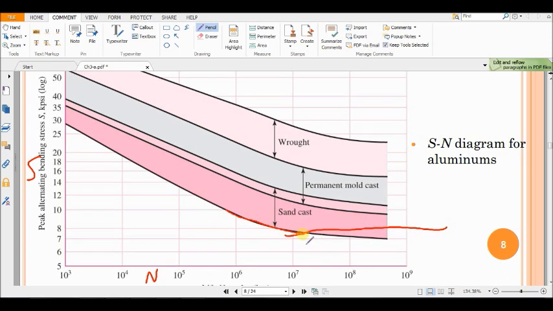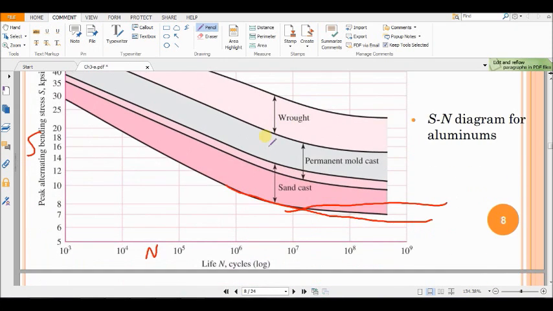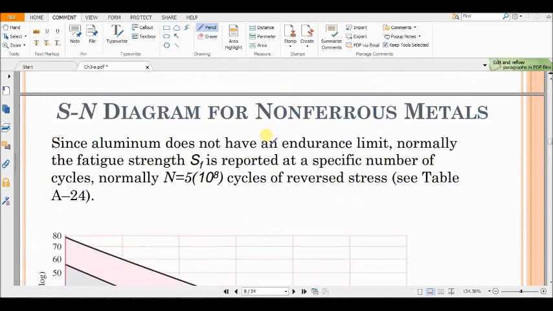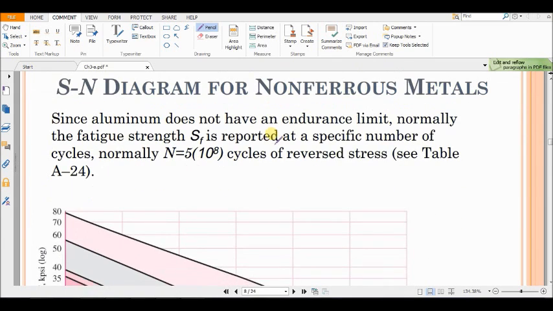It is always decreasing. So for this group of materials, like aluminium and cast iron, we don't have infinite life. For these materials, as long as we satisfy the required life, it should be satisfactory.